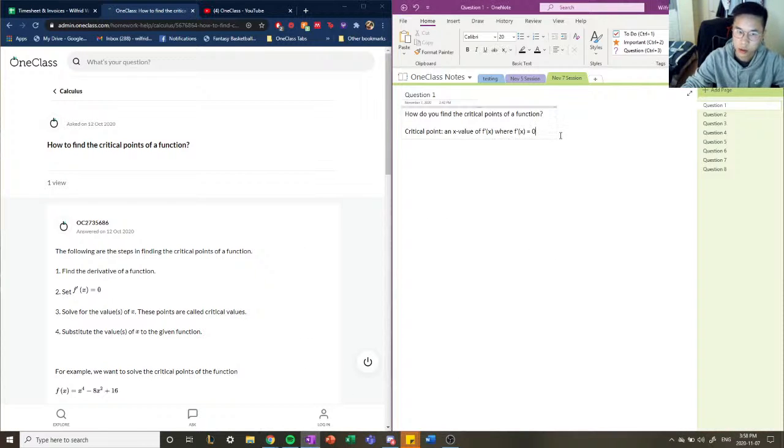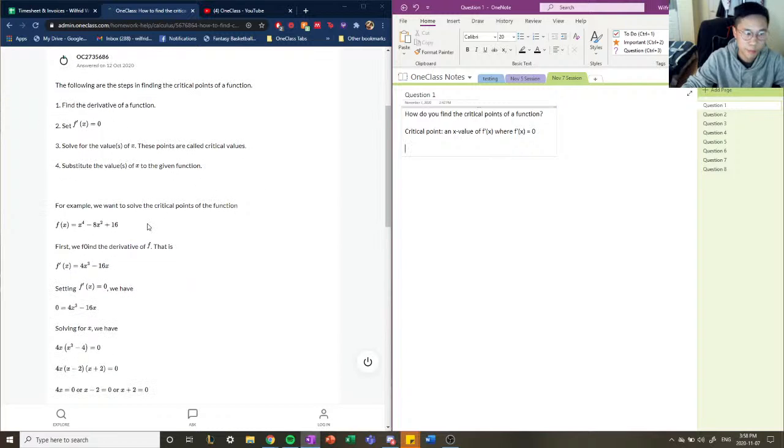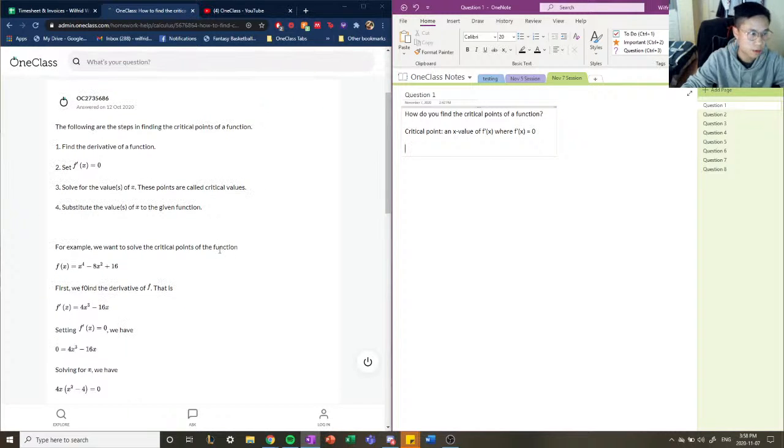Going back to our board here, the junior tutor laid out the steps of how to find the critical values. And then they gave us an example. So I'll run through all of this with you guys right now. It says the following are the steps in finding the critical points of a function. First of all, find the derivative of the function. In our case, I'll use our example.